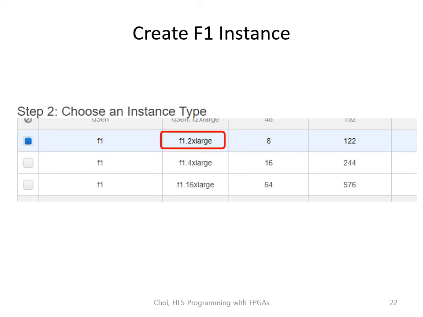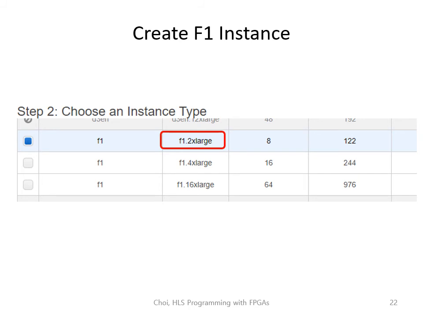In order to launch the AFI we created, we need to launch an F1 instance. The steps are pretty much the same as before. You just need to change the instance type to f1.2xlarge. But before doing this, you must have asked for an increase of the F1 instance limit.